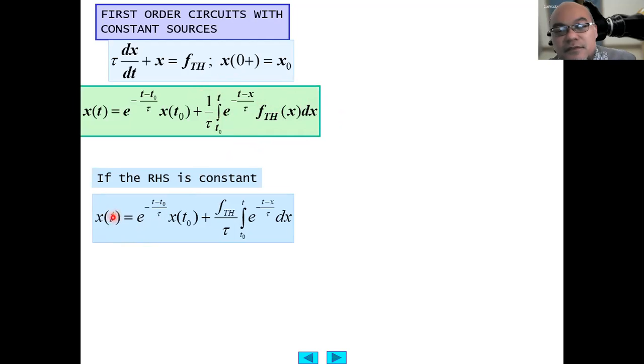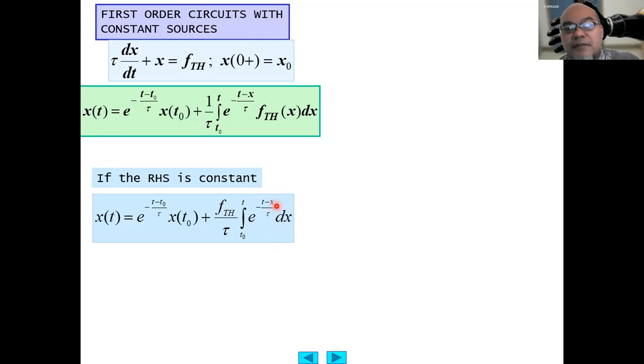Then the solution, for this specific first order circuit with constant source, becomes x(t) equals exponent minus (t minus t0) over tau times x(t0), plus f, which is now outside the integral, over tau times the integral from t0 to t of exponent minus (t minus x) over tau dx. So now we need only to do the integration of this function.